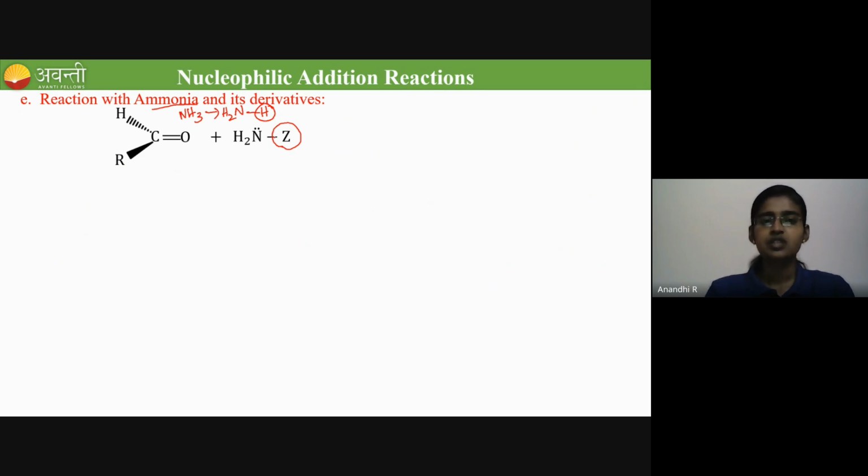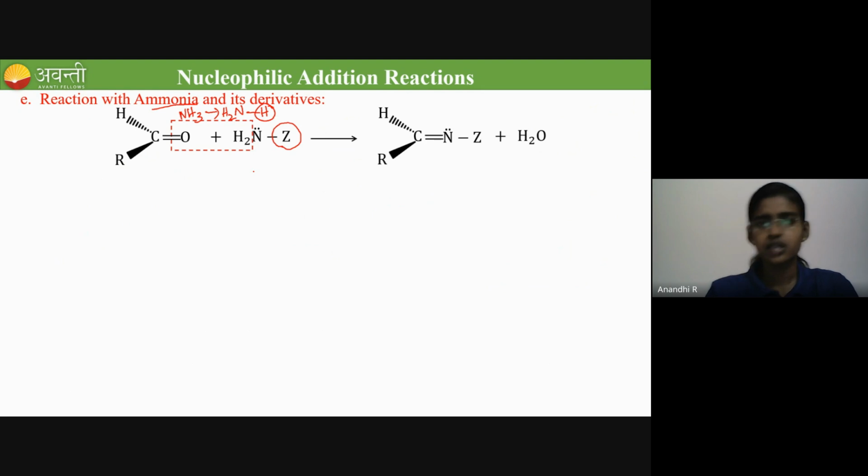Basically, we are going to add ammonia and its derivatives to the carbonyl carbon. So how to add this? Who is the positive part and who is the negative part? NHZ is the negative part and H is the positive part. After adding this and removal of water, it forms a compound which looks like this.